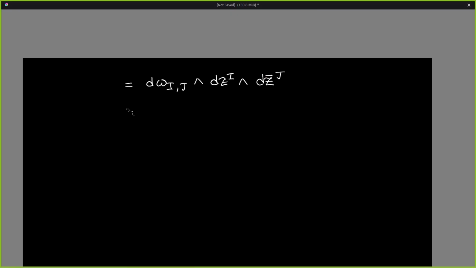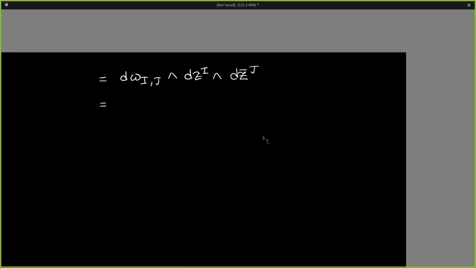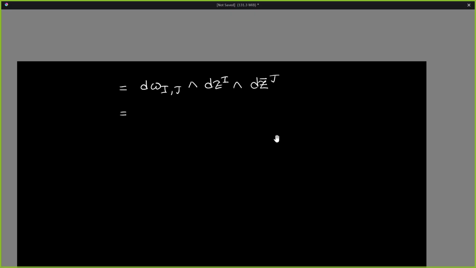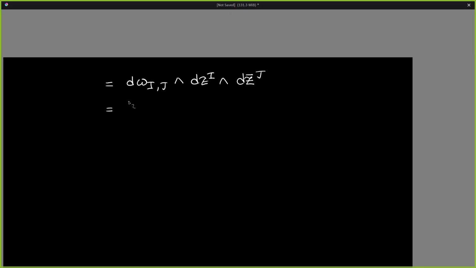So then on a function, this is just the differential of the map, right? And we can go back to lecture 1 to remember what the differential of a smooth function is supposed to be. So this is just going to be omega ij.